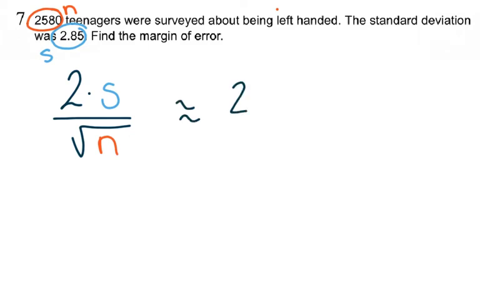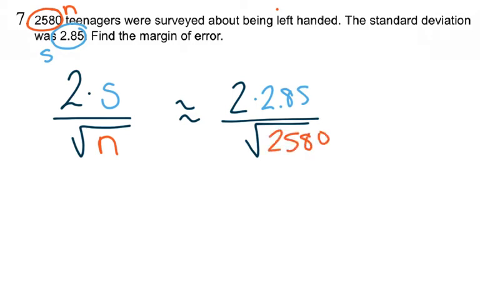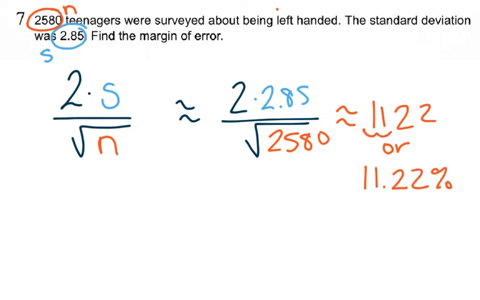So it's 2 times 2.85 divided by the square root of 2,580. I'm going to put that in my calculator, and I get approximately 11.1122. If they ever want to change it to a percentage, remember you just move your decimal back 2 places. But both of these are the same.